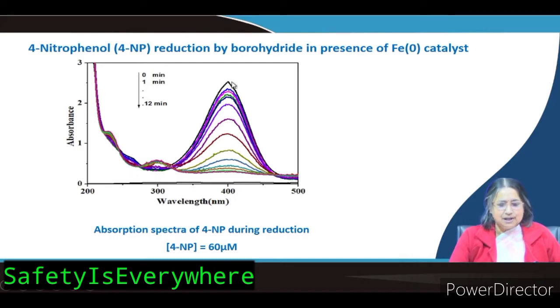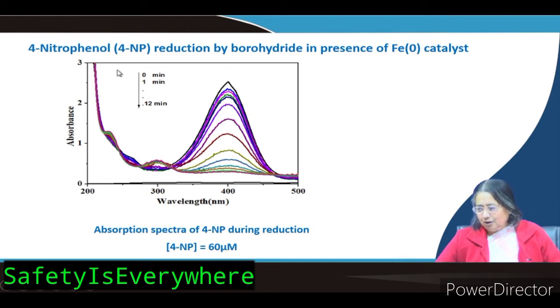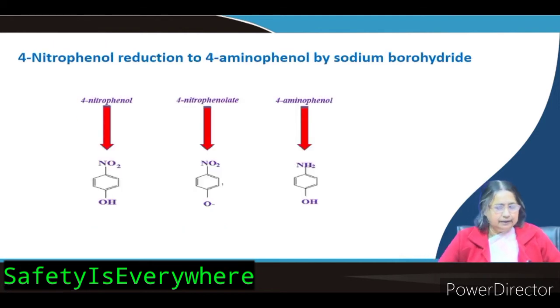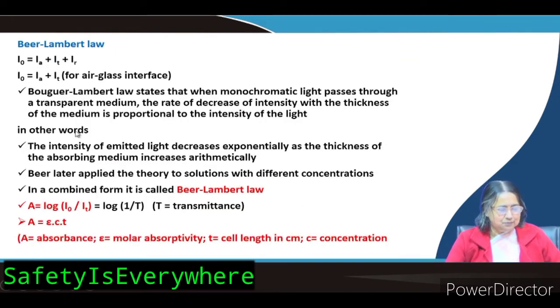This nitrophenolate has the absorption here. What is absorbance? I already discussed it. A is the absorbance, which is nothing but log I0 by IT.